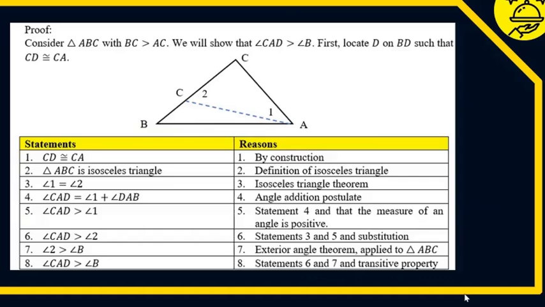So angle CAB is greater than angle 2, as said in statements 3 and 5, by substitution. Then we have angle 2 is greater than angle B, by the exterior angle theorem applied to triangle ABD. And then we have angle CAB is greater than angle B, from statements 6 and 7, by the transitive property.